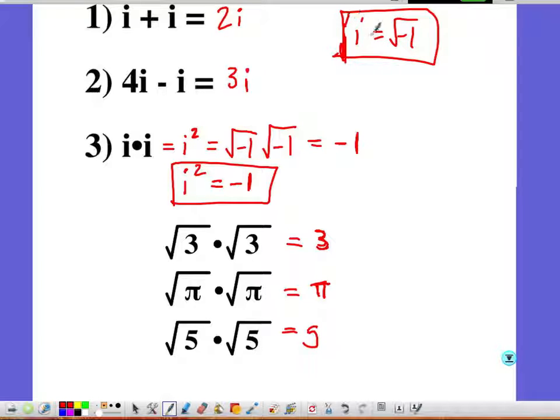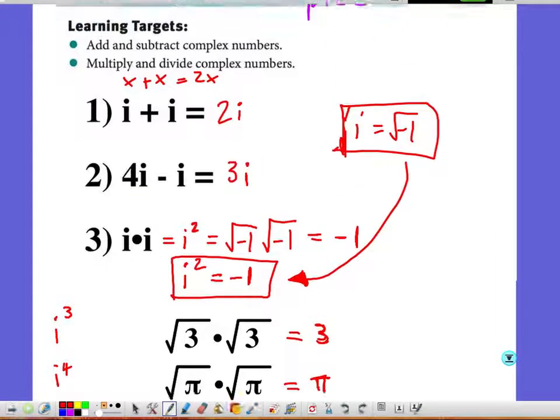But if you know that i is equal to the square root of -1, then you should be able to know that i squared is equal to -1. Now, I leave it up to you as an exercise. What do you think i cubed is going to be? i to the 4th power, and so on. And when you do that, you'll notice an interesting pattern. Alright.